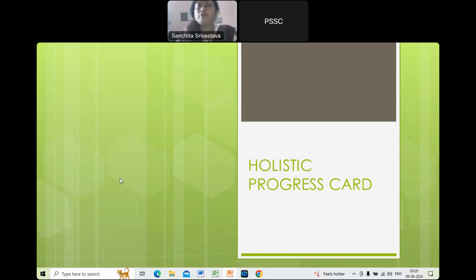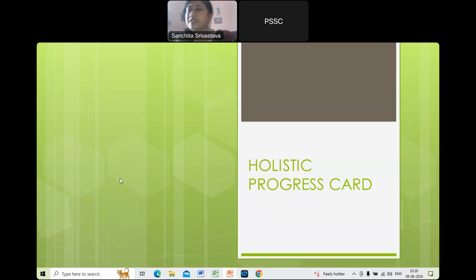Now, holistic progress card is something very different from the usual report card, progress card, what you call it, that is very common in every school. Every school, every class rather, has a report card. But how is it holistic?